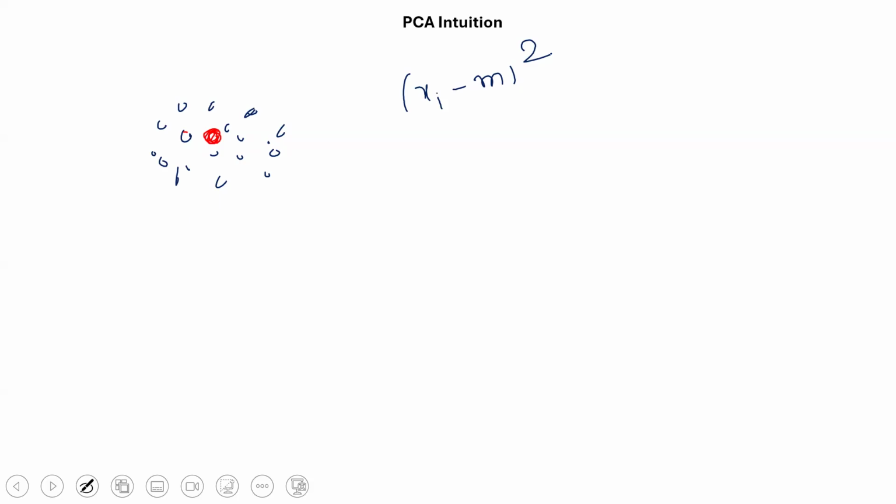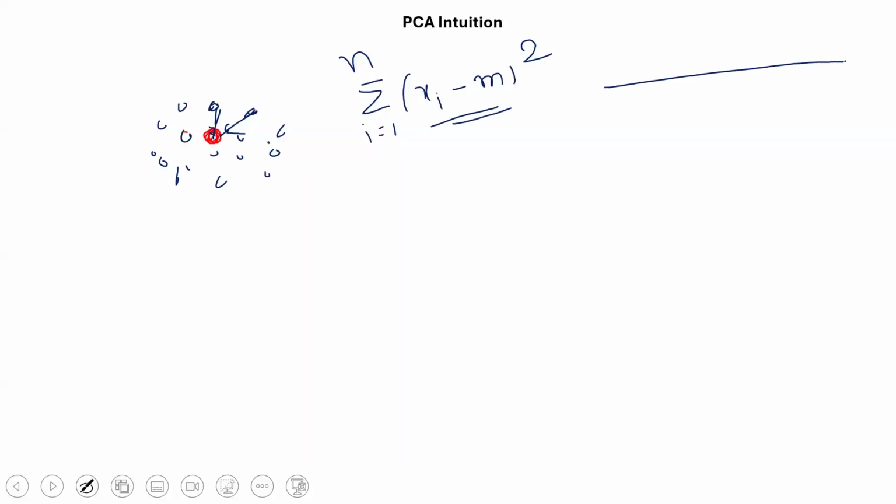From the mean to every other point, from sigma i equal to 1 to n. So I'm trying to calculate the distance from every point to the mean. That is (xi - m) whole square. This is (x1 - m)^2, (x2 - m)^2, (x3 - m)^2, (x4 - m)^2. So I'm doing a summation of all the distances from that point to this point. Is this clear or not?